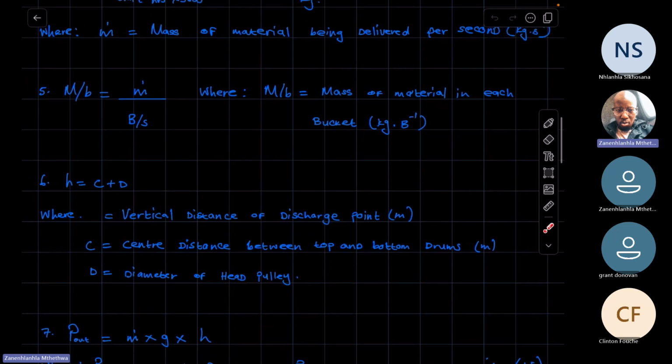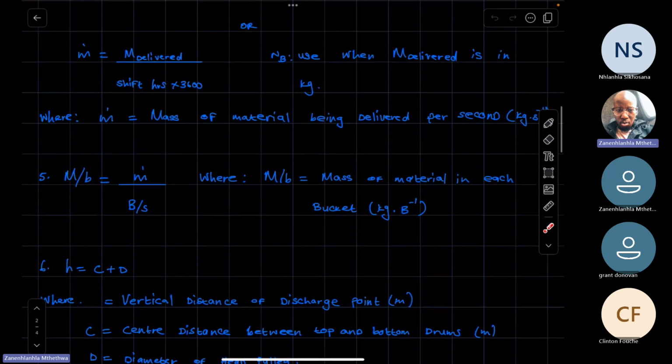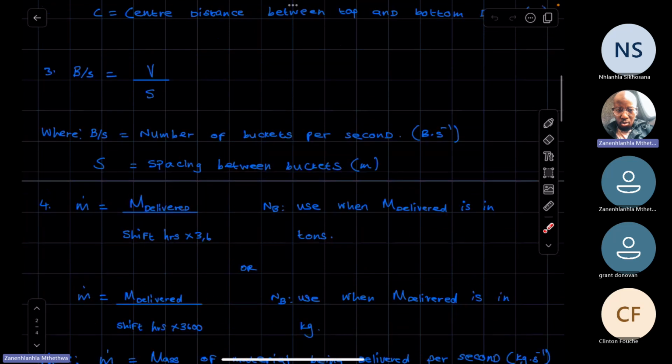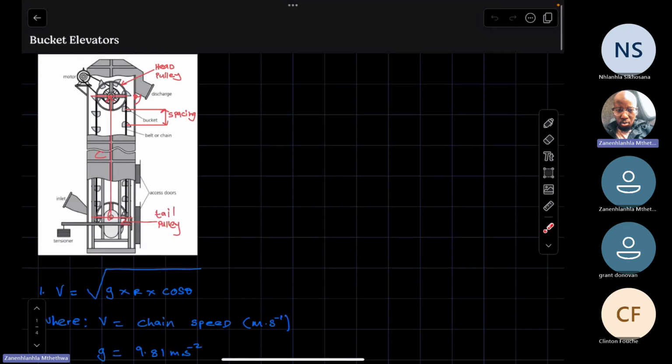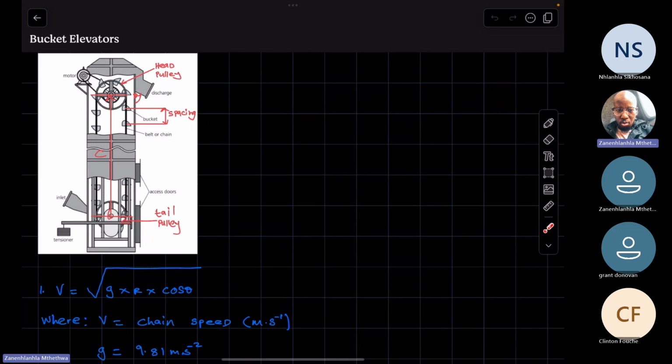Right. So H is the vertical distance of the discharge point, which will be in meters. Essentially, if you happen to forget, look at it from the perspective of the diagram. The height is the height from here to there. Hence, to calculate the height, you simply say it's the center distance plus the radius plus this radius.